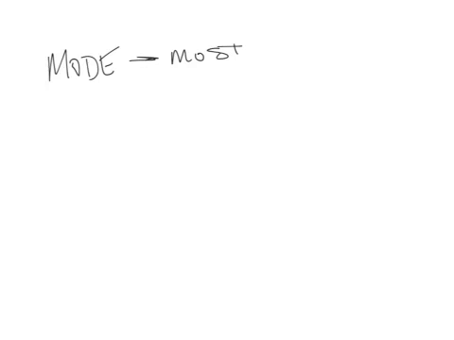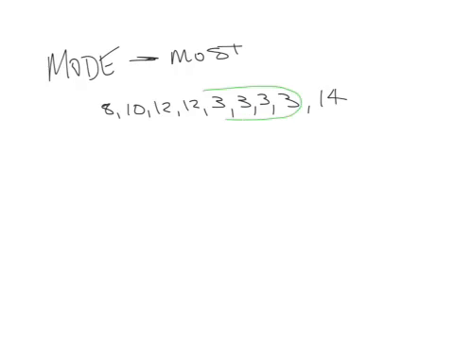So if I have 8, 10, 12, 12, it doesn't matter if they're in order at all. It just matters if we have a list of numbers there. And the mode is the one that occurs the most often. That number right there occurs 3 times. If we had a 12 and a 12 here, and we had all these numbers here, I've got 12s that occur 4 times as well.